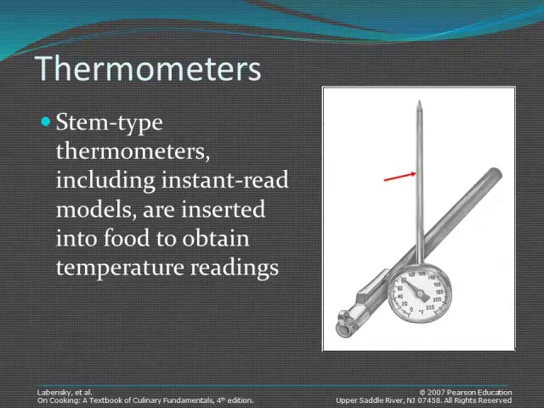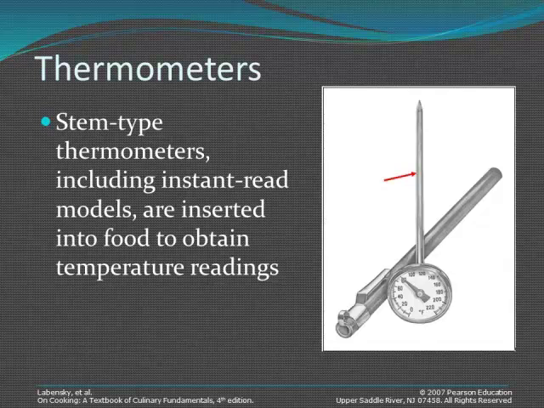So one of the types of thermometers is a bi-stem metallic thermometer, like in the picture on the slide. The red arrow, just for reference, is pointing to what would be called the dimple. When you have a bi-stem metallic thermometer, the dimple needs to be inserted into the food.